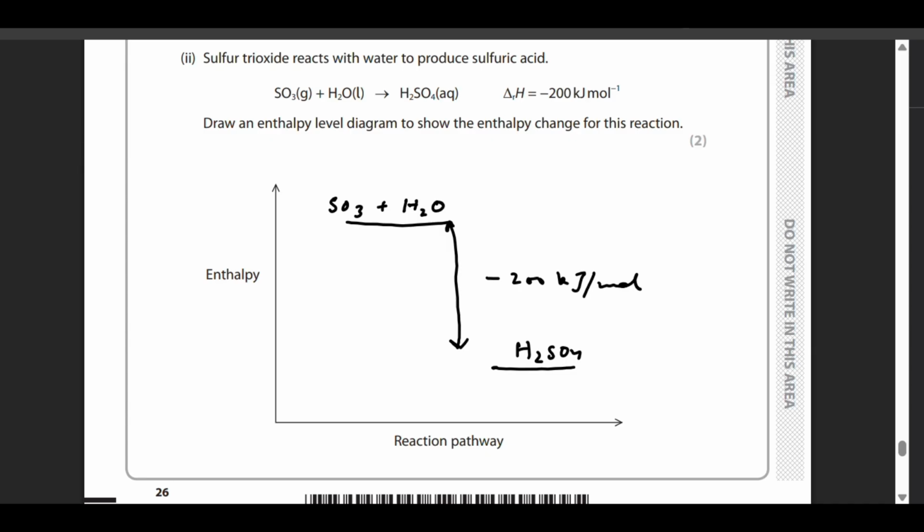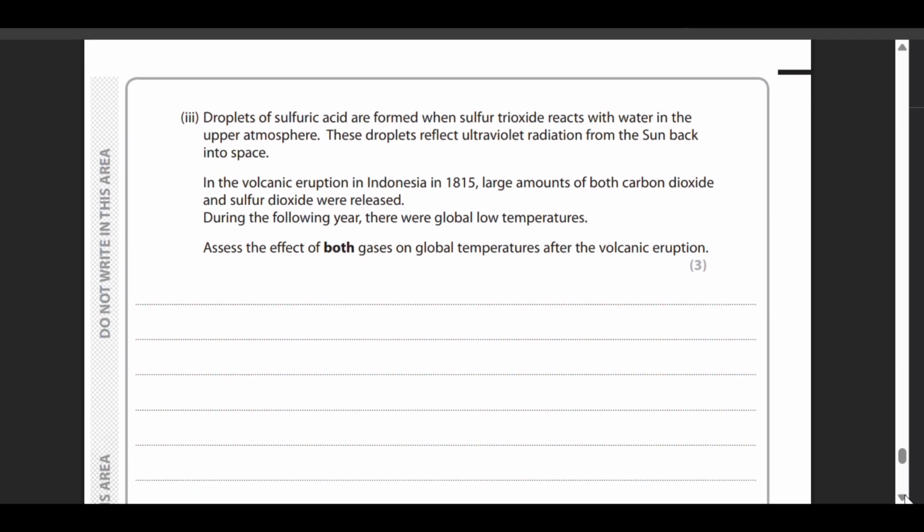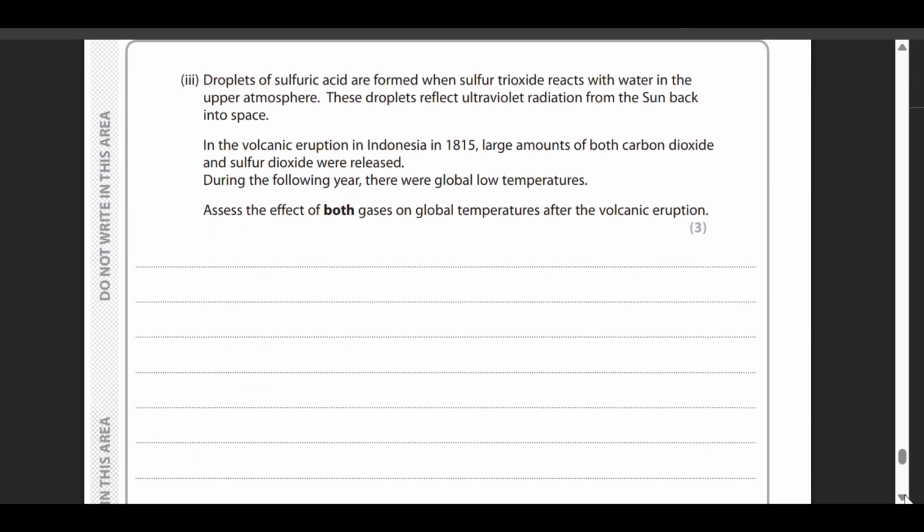The energy released, minus 200 kilojoules per mole. This is a straight line. So basically, this is the energy level diagram of an exothermic reaction.